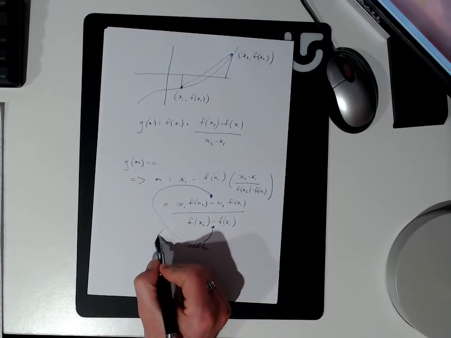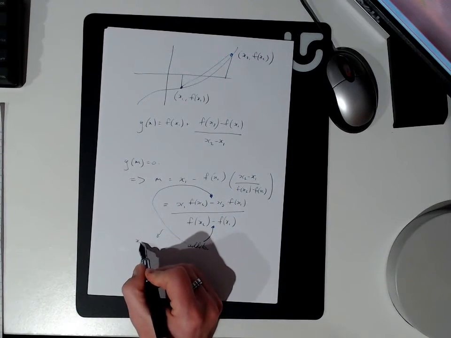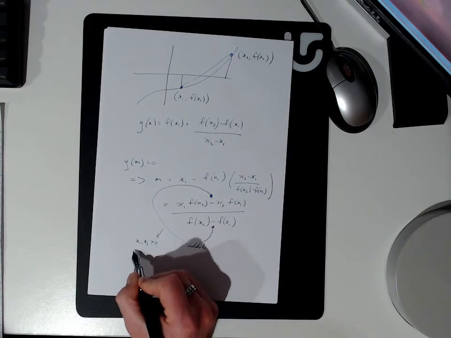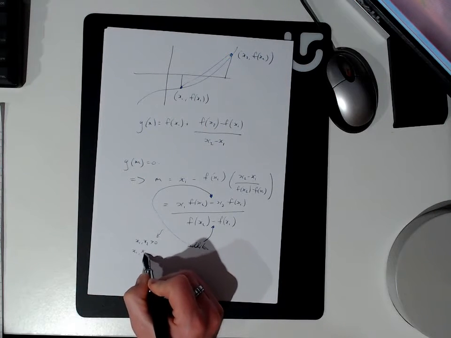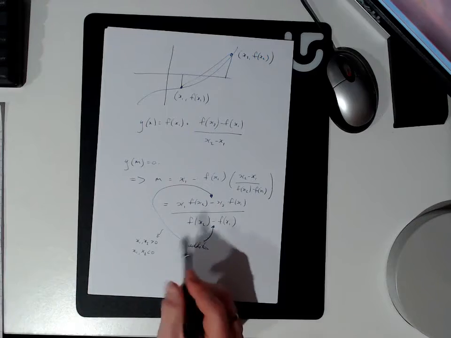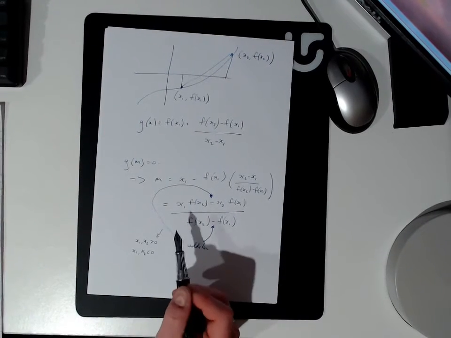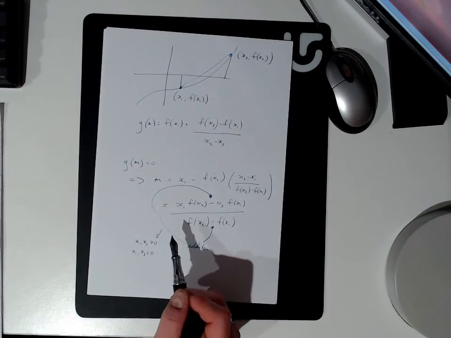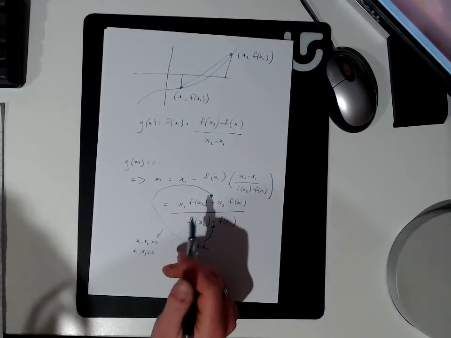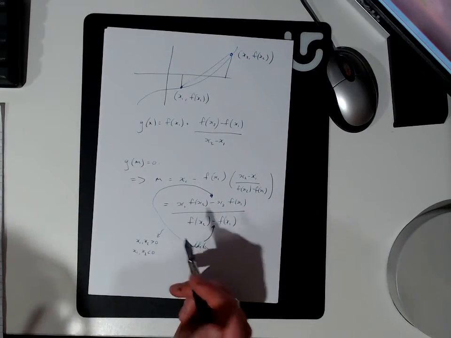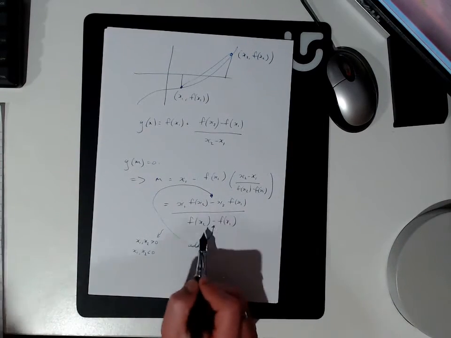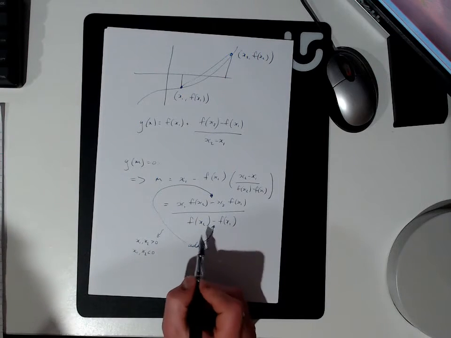Well, for the top it requires that x1 and x2 are both greater than 0, or both less than 0. But that's usually the case, unless you have a 0 specifically at 0, which you could check for explicitly in the algorithm if you really wanted to. So with additions on top and bottom, this is pretty good.